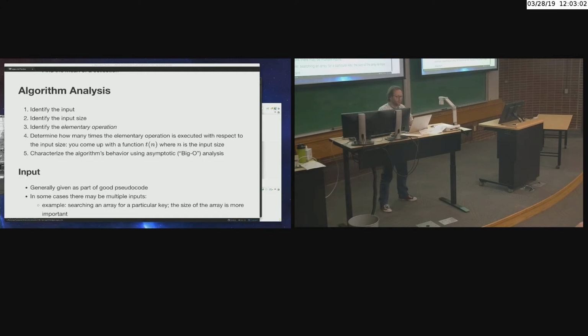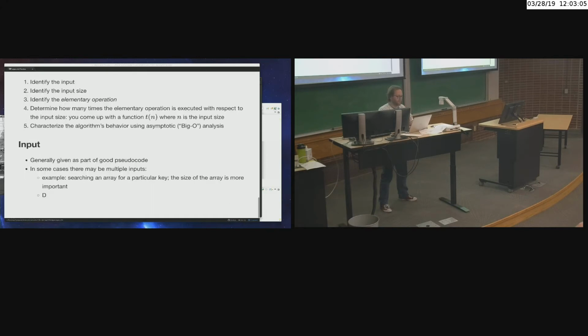In some other examples, for example, Euclid's GCD algorithm takes 2 integers, A and B, right? And then you need to find the greatest common divisor of both of them. I don't have an example off the top of my head.